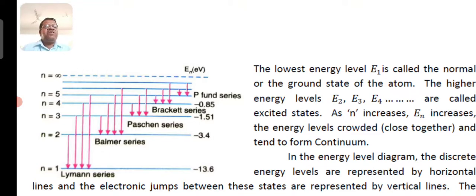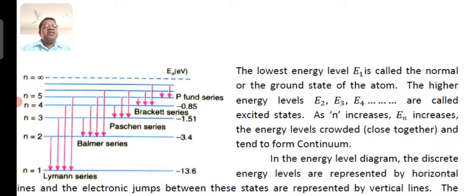The lowest energy level E1 is called the normal energy state or ground state of the atom. The higher energy levels E2, E3, E4 are called excited states. As n increases, the energy of the electron increases. Therefore, the energy levels are crowded close together as we go upwards.